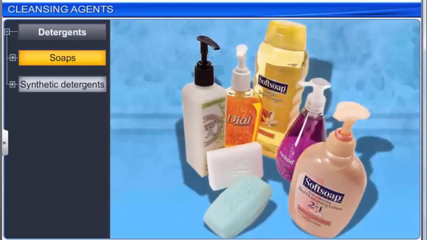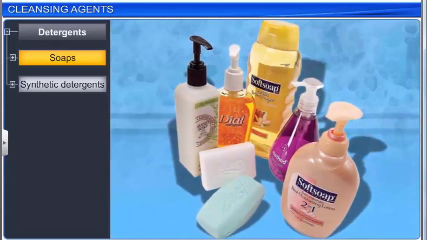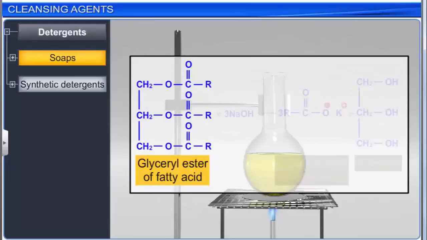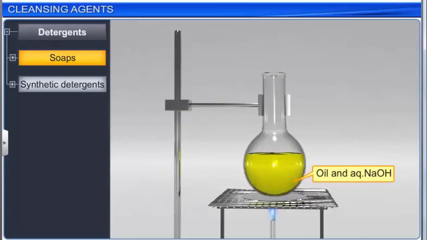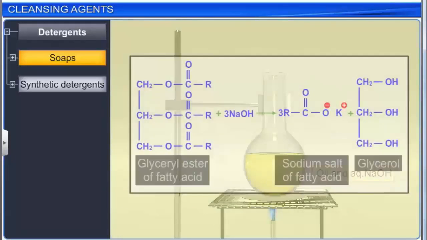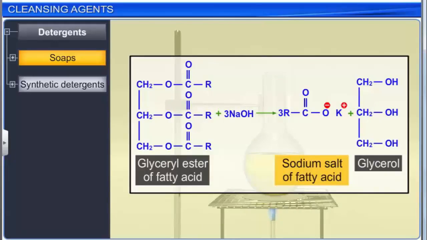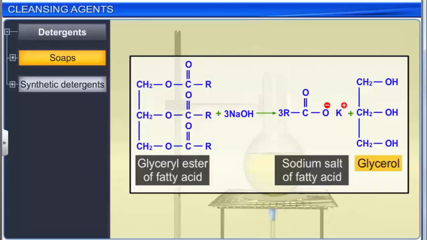Soaps that contain sodium salts are formed by heating oil or fat of vegetable or animal origin, which is a glycerol ester of a fatty acid, with an aqueous sodium hydroxide solution. The hydrolysis of oil or fat results in the formation of a mixture of a sodium salt of a fatty acid and a glycerol, as shown in the equation here.